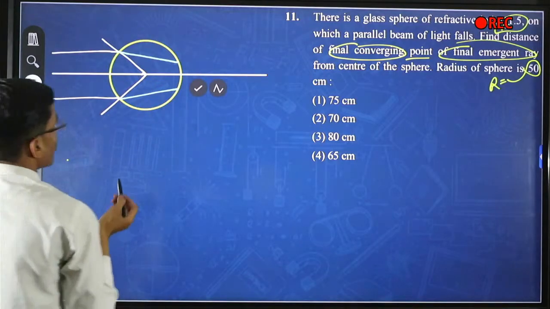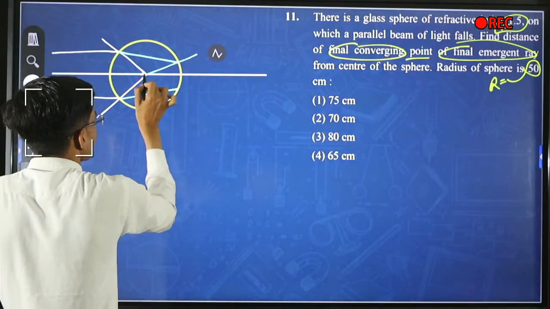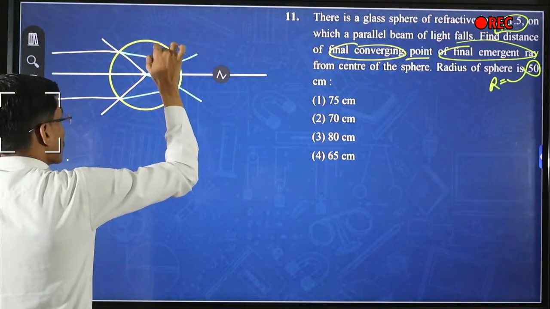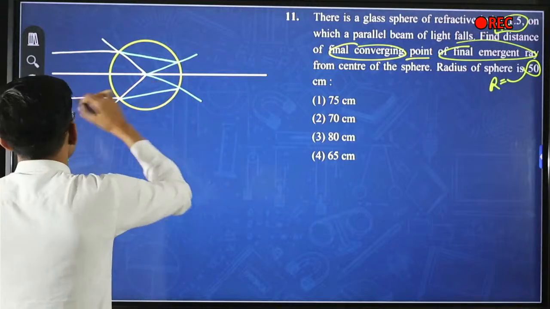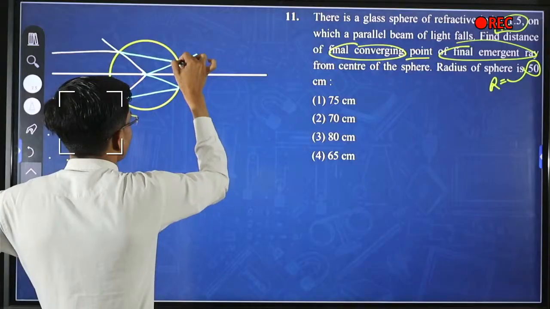Okay. And after this, they are going from a denser to a rarer medium. So after that they will be diverged.